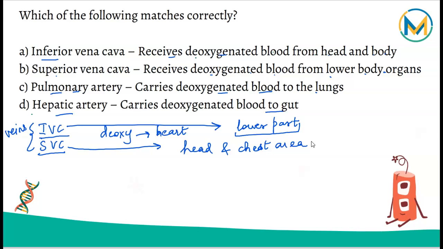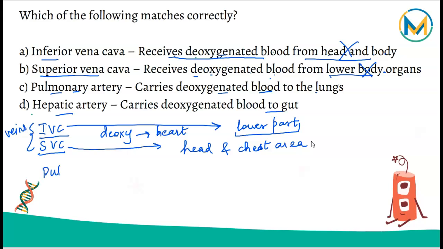So according to that, both the statements will be wrong. Inferior vena cava from head to body, that's wrong. It's from the lower part of the body. Superior vena cava receives deoxygenated blood from the lower body organs, that's false. It's the head and the chest.